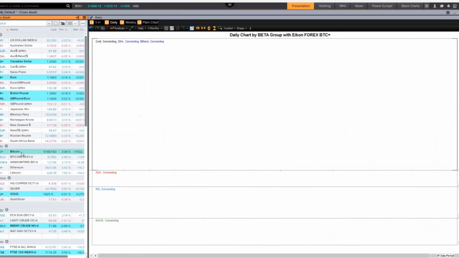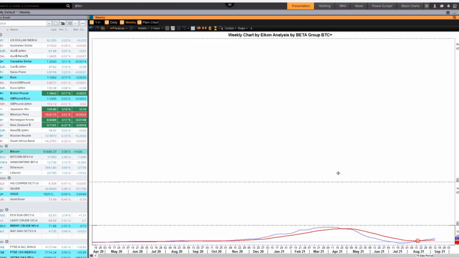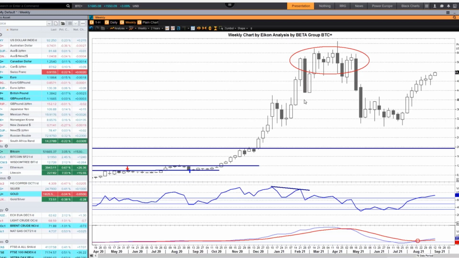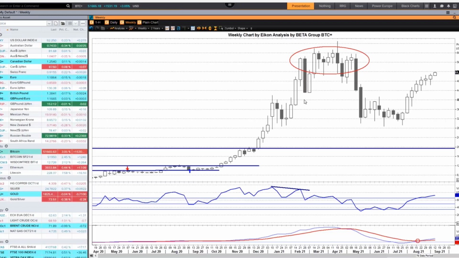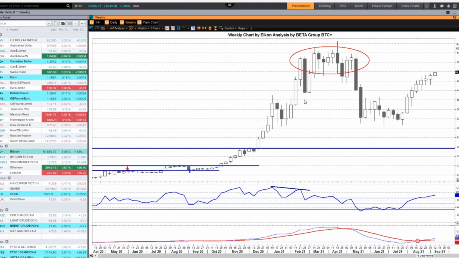And Bitcoin, now let's look at the weekly chart of Bitcoin. So here you see, in contrast to particularly Ethereum, which was up and down, it was very brief into its high and then down. Very little trading took place, very little profit takers here.